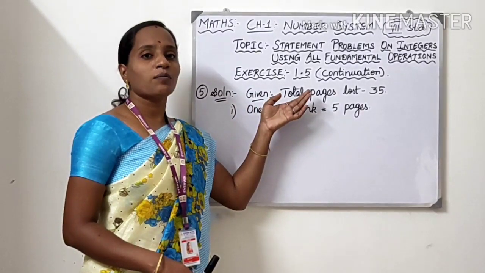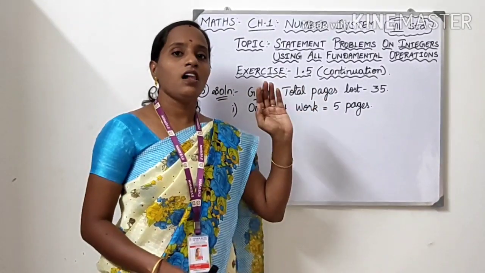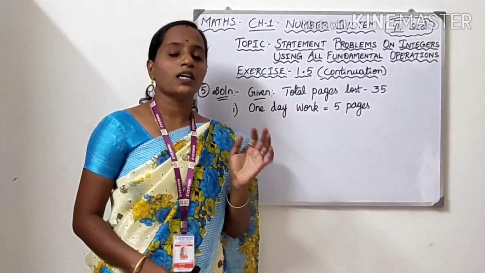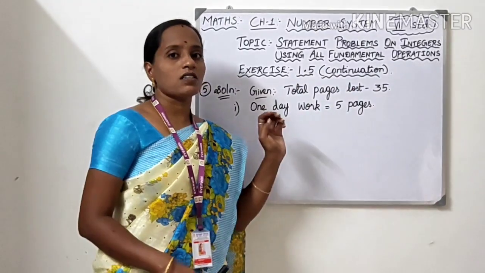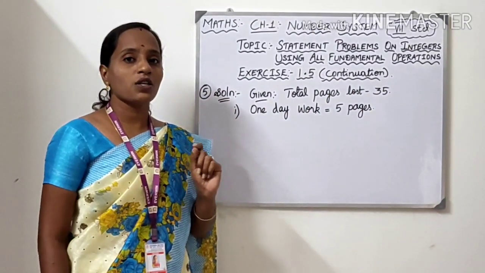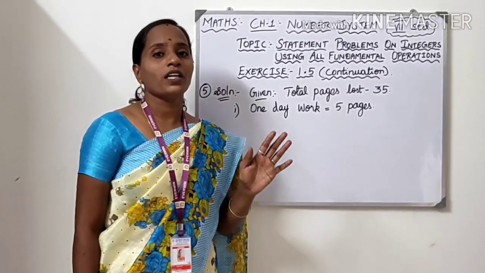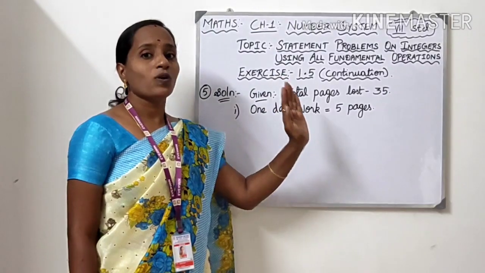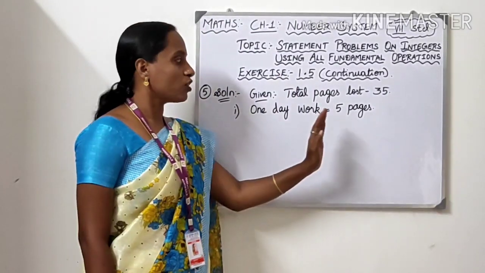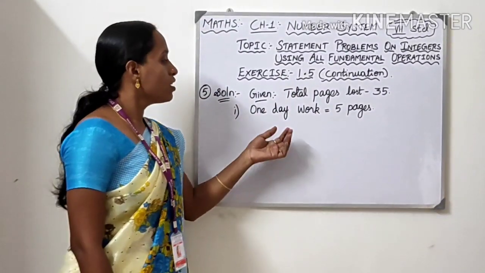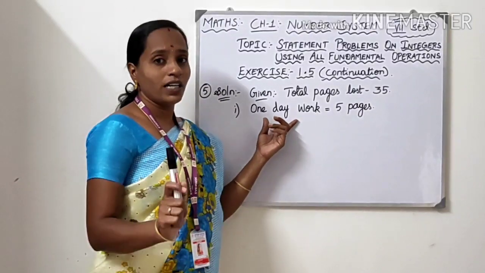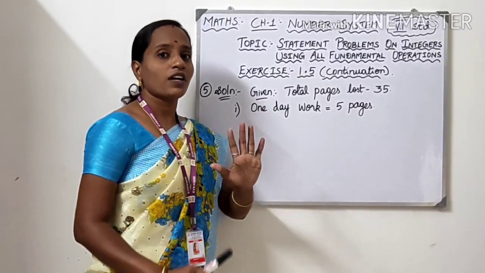From the question we come to know that the total number of pages lost in the rain by Tamil Nambi is 35 pages. In the first question they asked, if Tamil Nambi wrote 5 pages per day, how many days' work he has lost. So in one day he wrote 5 pages.